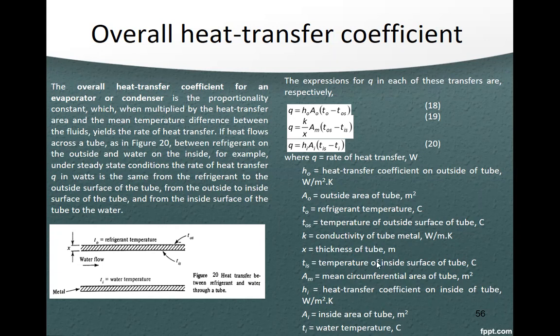X, thickness of the tube in meter. T sub IS, temperature of inside surface of tube, degrees C. A sub M is the mean circumferential area of the tube. So, area mo muna, tapos mo average. H sub I is the heat transfer coefficient on inside of tube, watts per meter square Kelvin. A sub I, inside area of the tube, meter square. T sub I is equal to water temperature in degrees C.